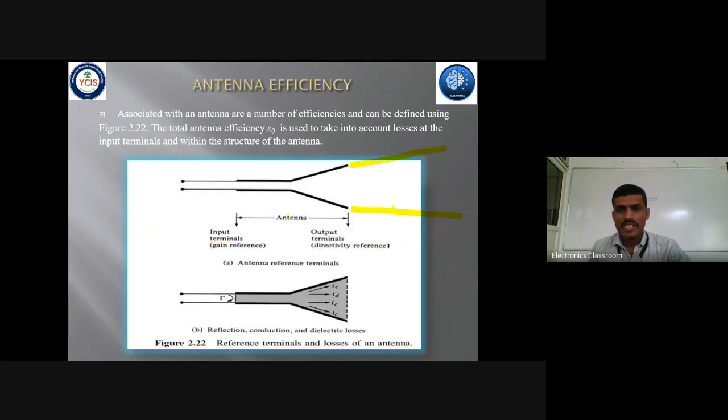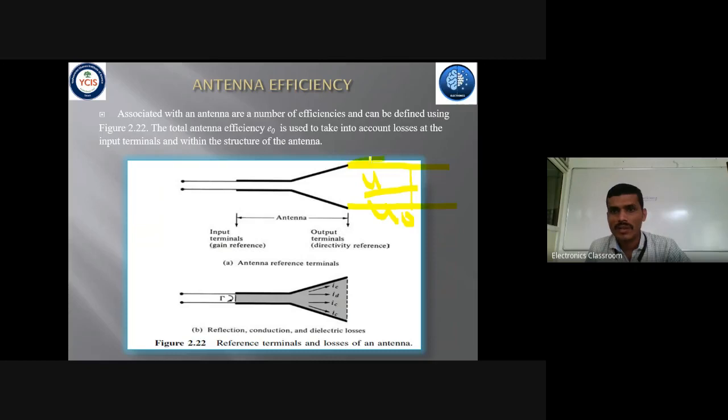Now, when directivity is calculated, directivity is calculated by U divided by U0. U0 is the total isotropic intensity. Total isotropic intensity means this antenna radiates energy in front of the antenna, in those two yellow lines.